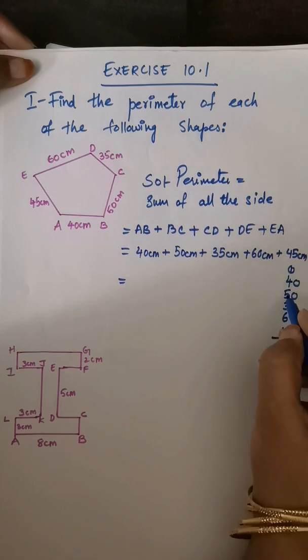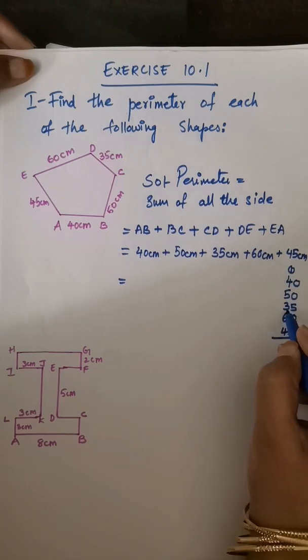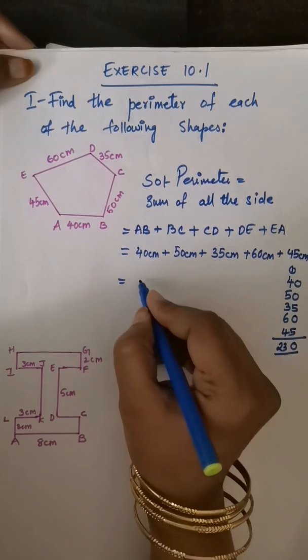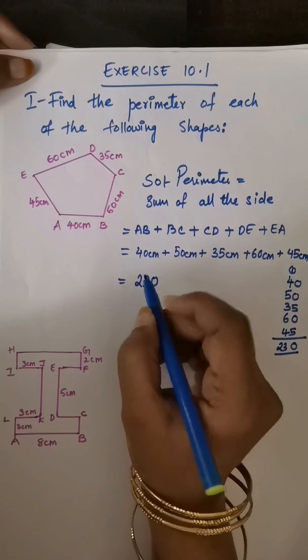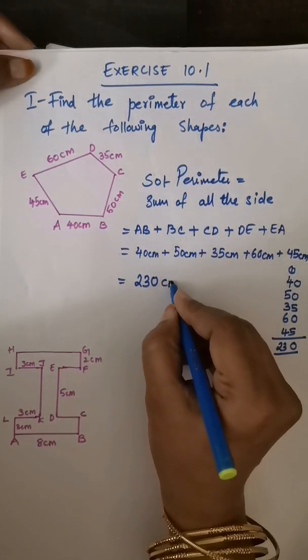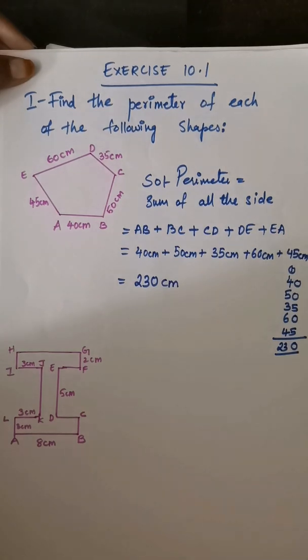Carry 1. 5 and 5, 10. 13, 19. 19 and 4, 23. So the answer is 230. Remember, perimeter will always have only a single unit and area will have square units.